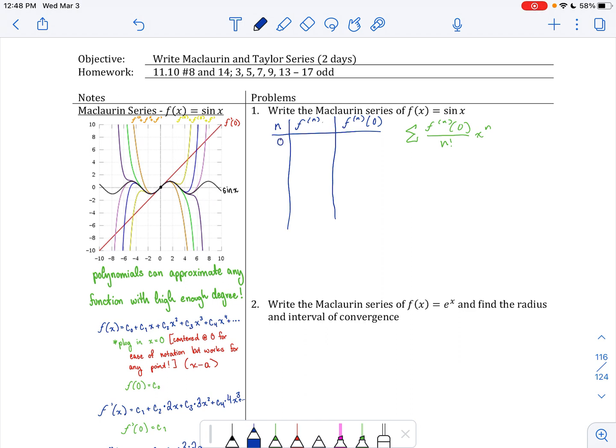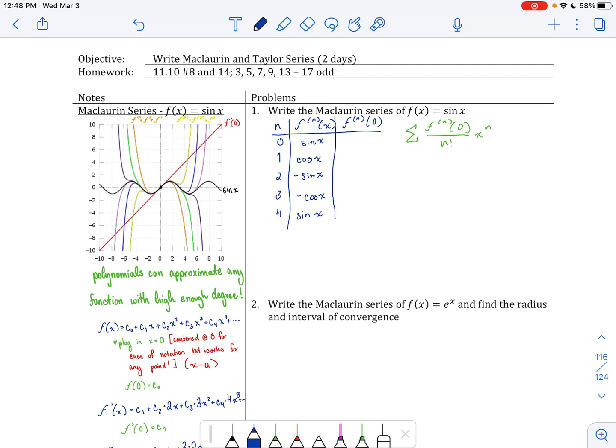So here, n equals 0 is always just the function itself. So in this case, sine of x, then cosine of x is the first derivative. The derivative of that is negative sine of x, then negative cosine of x, then positive sine of x.